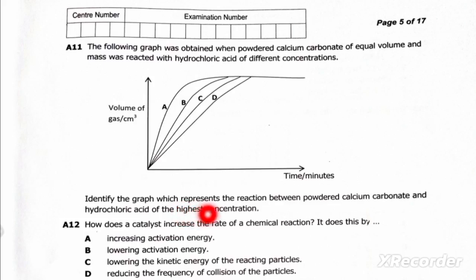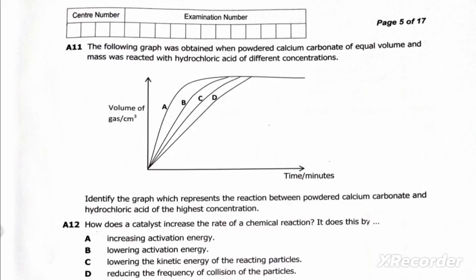Identify the graph which presents the reaction between powdered calcium carbonate and hydrochloric acid of the highest concentration. So this question is talking about how concentration affects the rate of reaction.